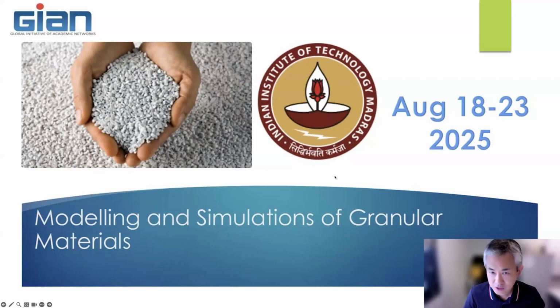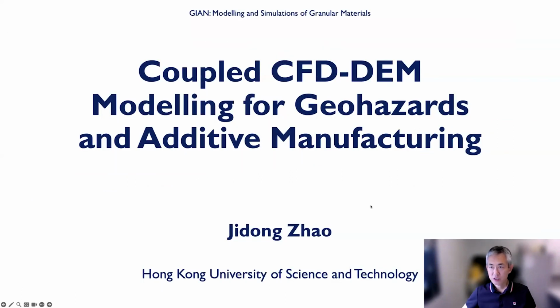So let's continue with our lecture on this course on modeling and simulations of granular material. Today I'm going to touch upon the topic of coupled CFD-DEM modeling for geohazard and additive manufacturing. I will split my lecture into two parts.